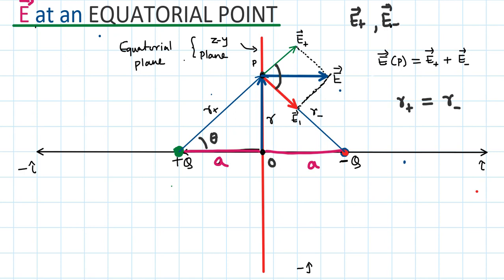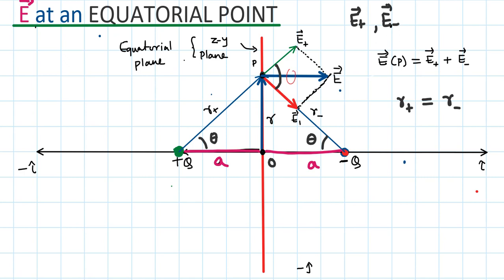So I need to know the angle between the E plus vector and the E minus vector. If this is theta, and since these two triangles were congruent, this angle will also be theta. That means the sum of the interior angles should be equal to the exterior angle, and the exterior angle is nothing but the angle that we were talking about.